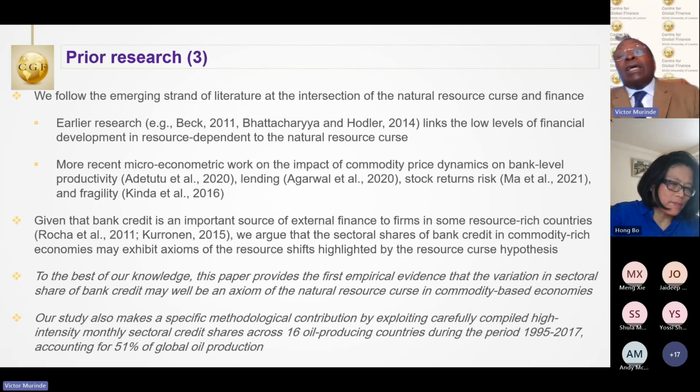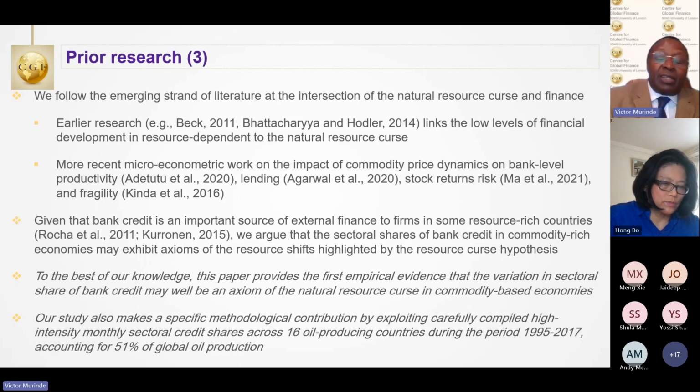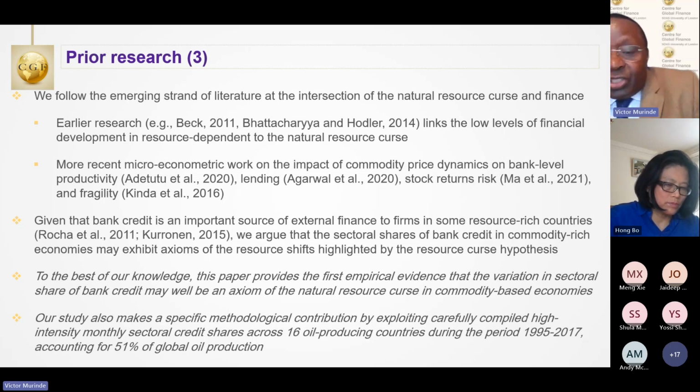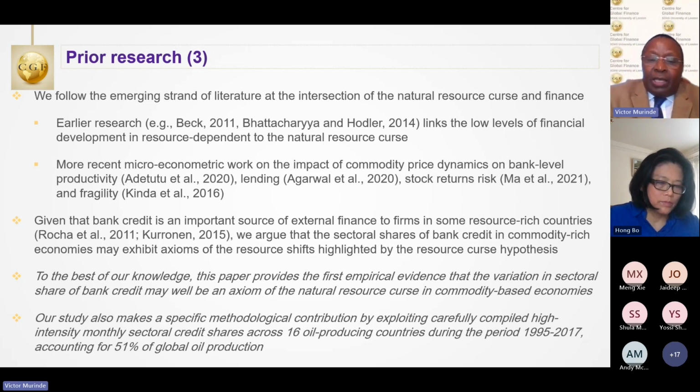So, how much bank lending is going into agriculture, into manufacturing, into services, for example. We can then distinguish between the tradable sector and the non-tradable sector, and see how the natural resource curse is reflected in the bank credit allocation linked to it.